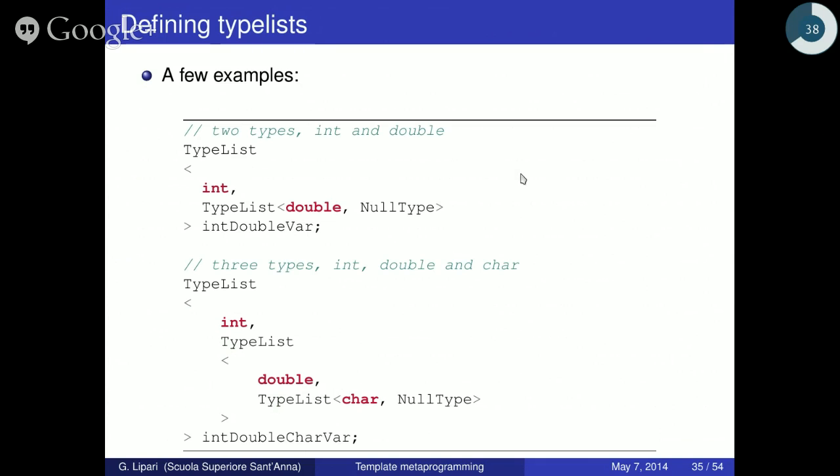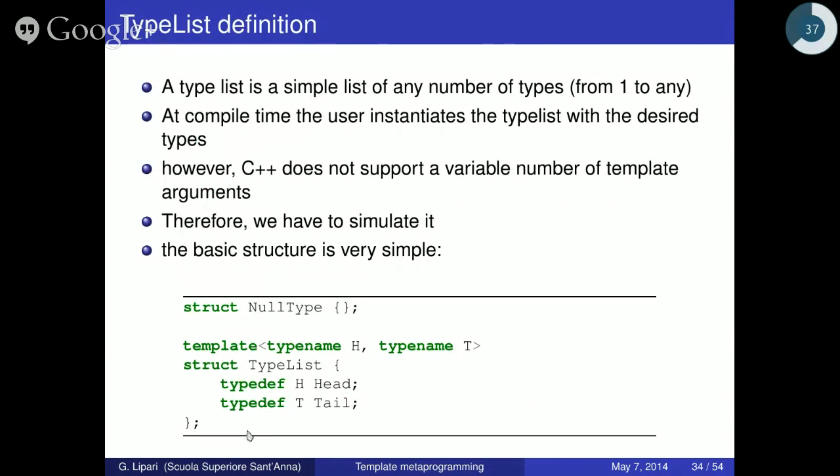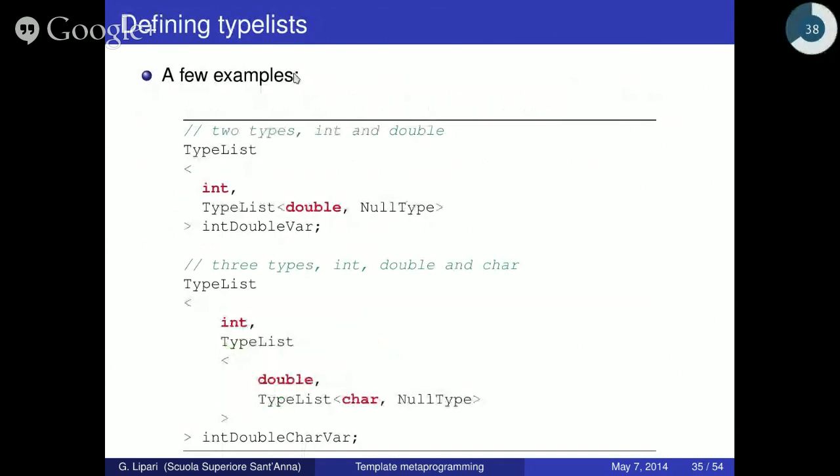Again, this is template metaprogramming. So all the things we are going to discuss right now happen at compilation time and not at runtime. Let's see a few examples. I'm going to have a list of two types, int and double. How do I define this?